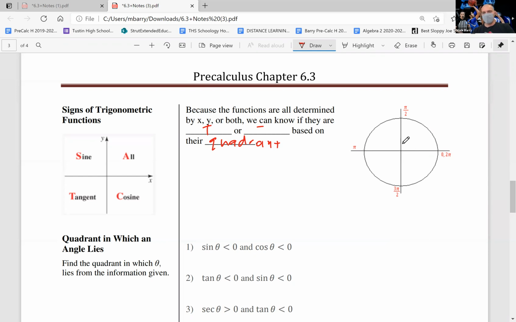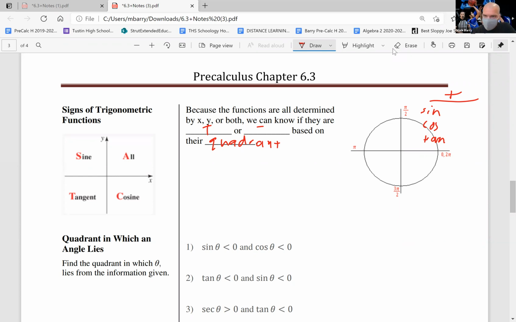If we're looking at the first quadrant, x and y are both positive, correct? So what's positive in this quadrant? Well, sine is based on y, so sine is positive. Cosine is based on x, so that's positive as well. And tangent is based on y over x, so a positive divided by a positive is, of course, still positive.